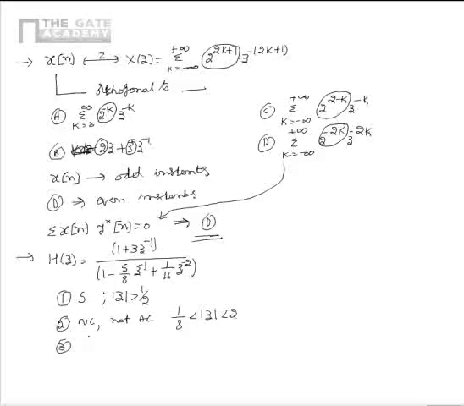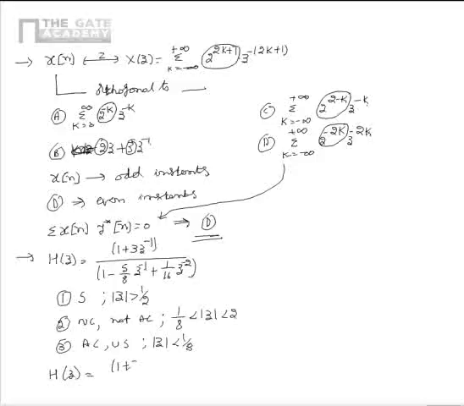As per statement 3, the system is anti-causal and unstable for ROC mod z less than 1 by 8. We have to find which of the above statements are correct.